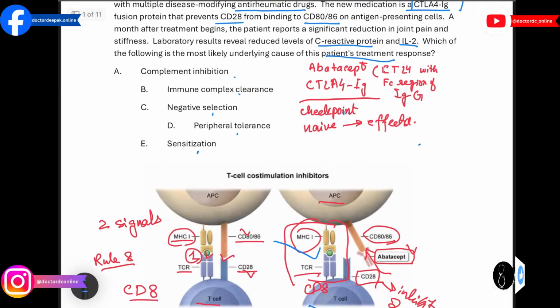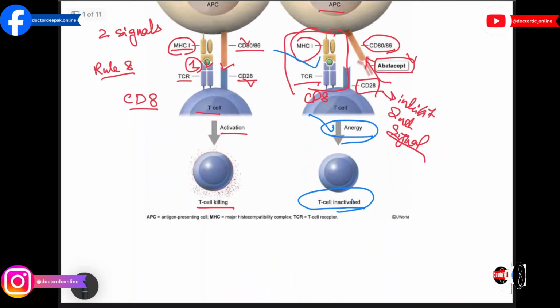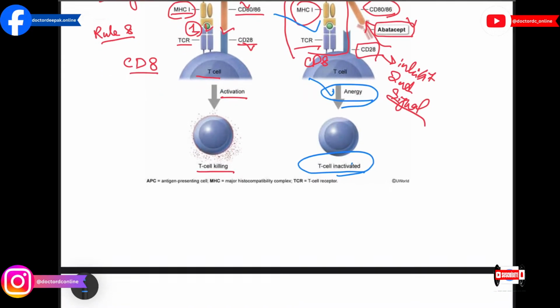So the same phenomenon we discussed will be called peripheral tolerance. So our answer is peripheral tolerance. Whatever T cell binds an antigen on an APC that is not co-stimulated undergoes anergy, a form of peripheral immune tolerance marked by a lack of T cell response to cytokines or antigen stimulation, and it is called T cell inactivation.